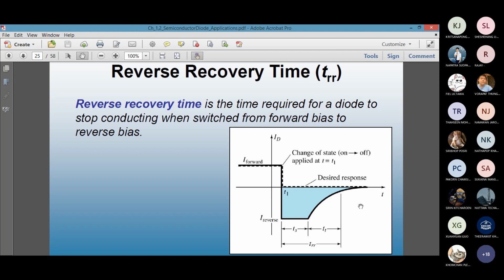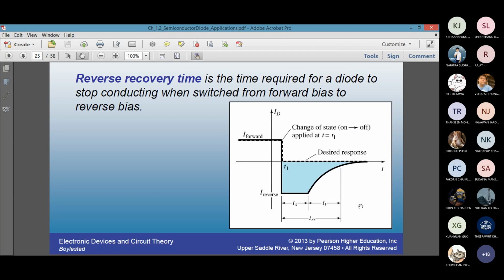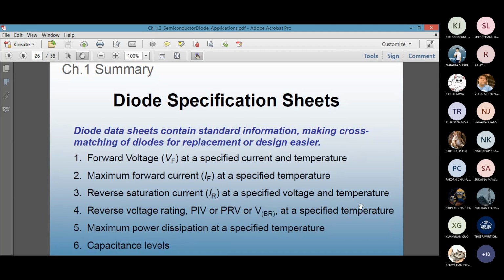Reverse recovery time is the time the diode requires to stop conducting when switched from forward to reverse bias. For a high frequency, high speed application, we need a very small reverse recovery time in the switching circuit. This data can be found on the spec sheet.